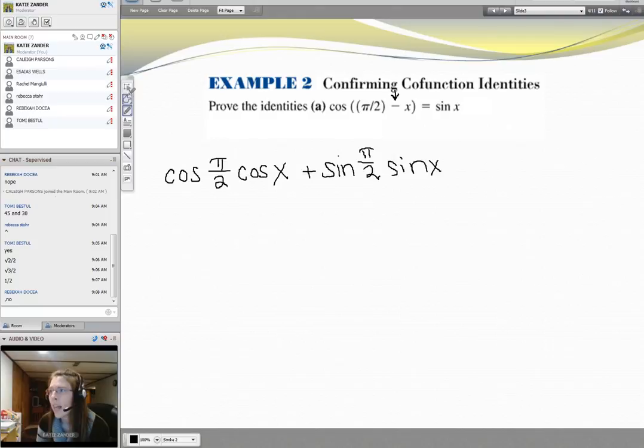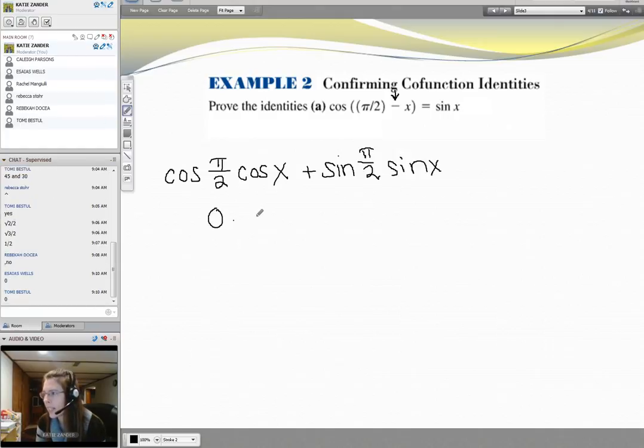All right. Then from here, we have to use our unit circle and simplify where possible. So we can replace cosine of pi over 2. What is cosine of pi over 2? 0, Isaiah says, and Tommy seconds that. Cosine x, we can't simplify that because we don't know what x is, so we just leave it cosine x.